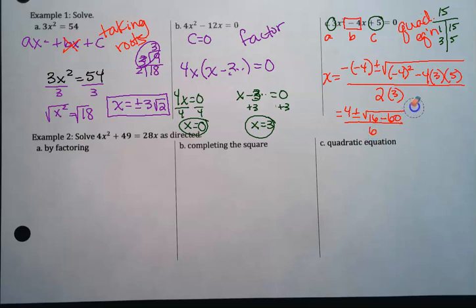I'm going to save some space here. So this is going to equal 4 plus or minus the square root. 16 minus 60 is going to give me negative 44, all over 6. Well, we've got that negative, so we know that's an i.